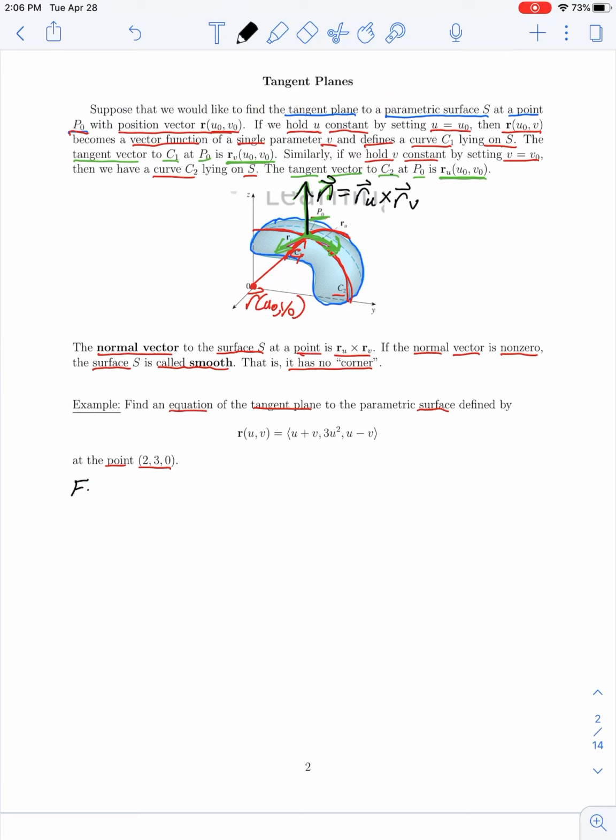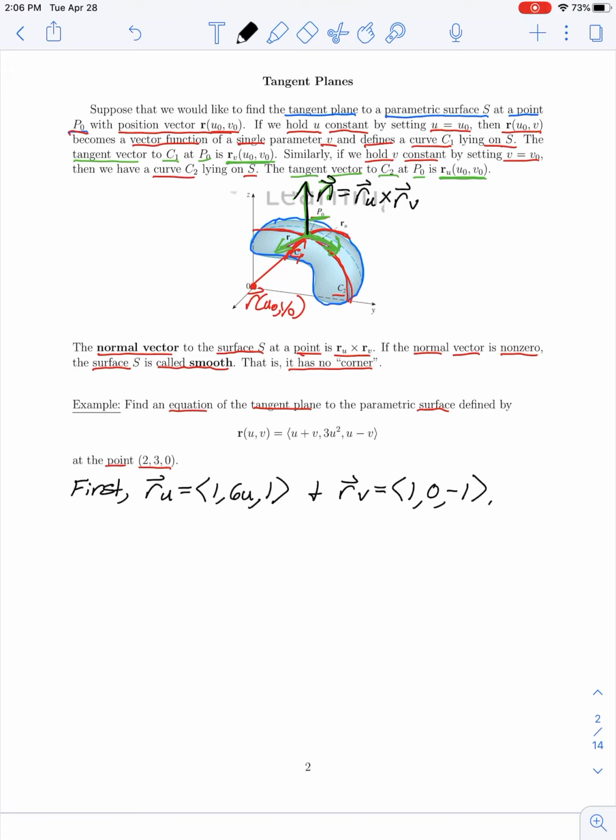So our first step will be to find the partial derivative of r with respect to u, which here is given by (1, 6u, 1), just differentiating each component function with respect to u. And the partial derivative of r with respect to v is given by (1, 0, -1).